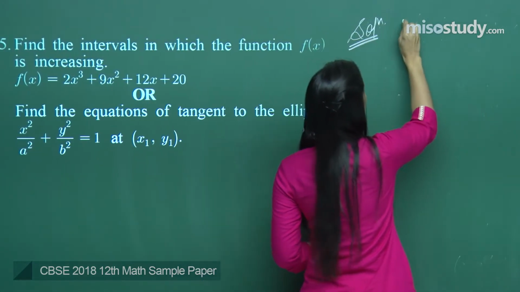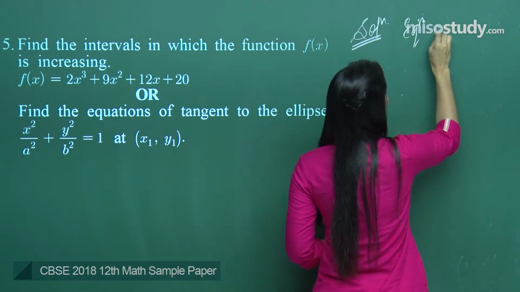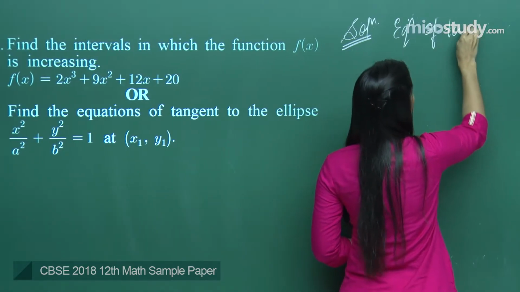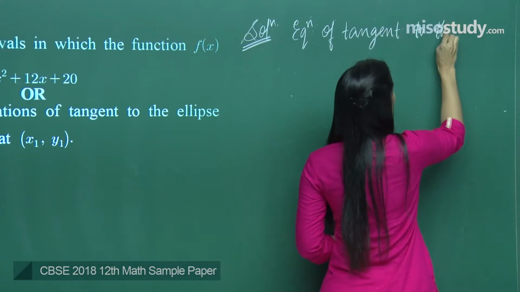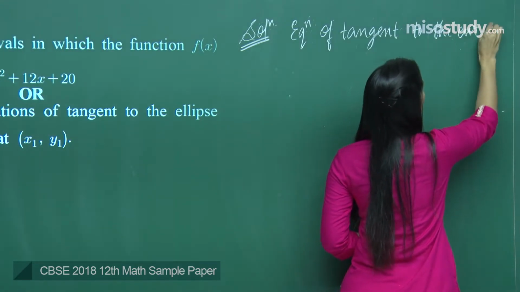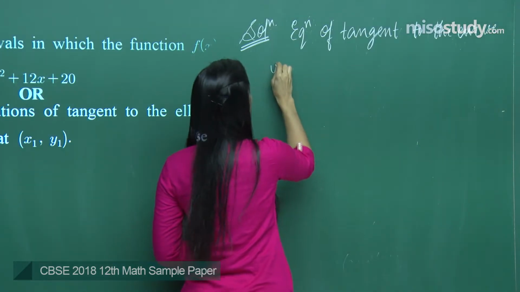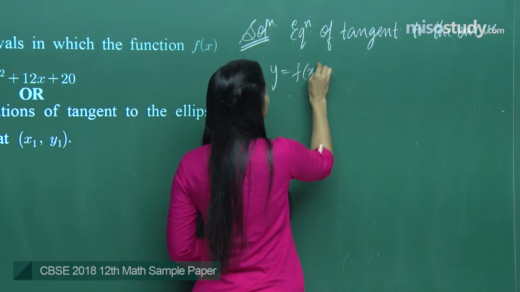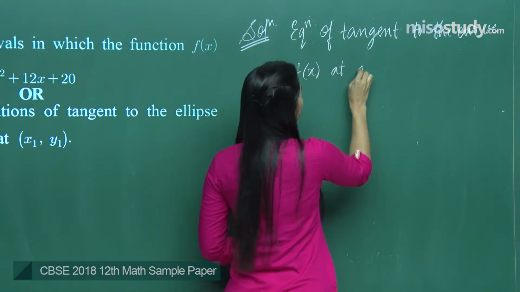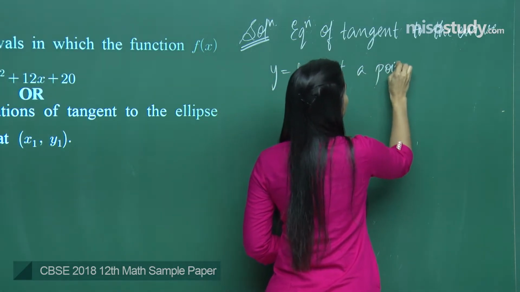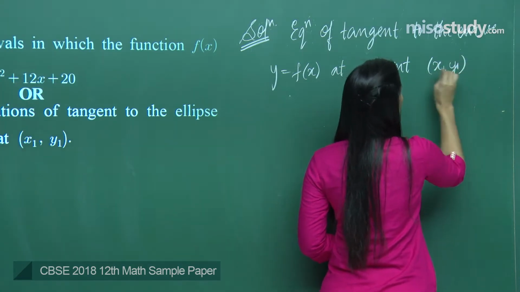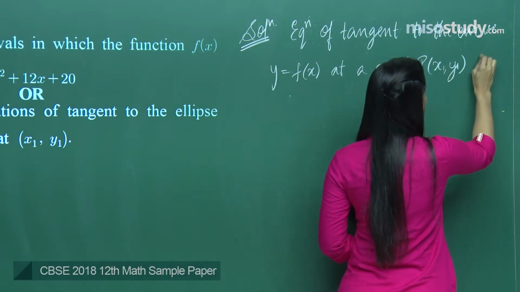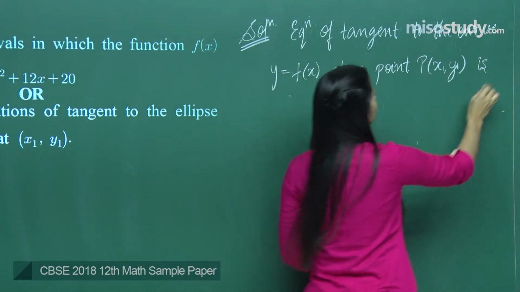What is it? Well, equation of tangent to the curve, any arbitrary curve y equals fx, at a point, say x1, y1 given by the point P is what?